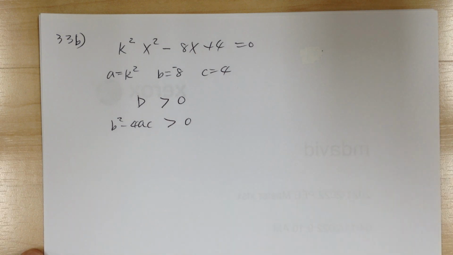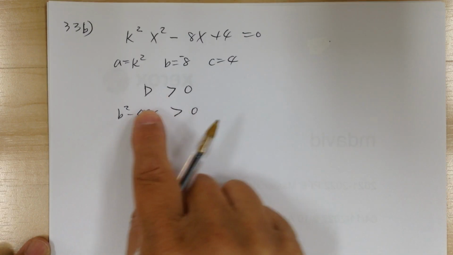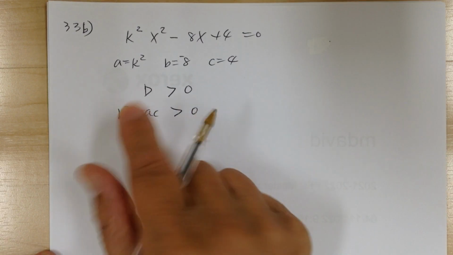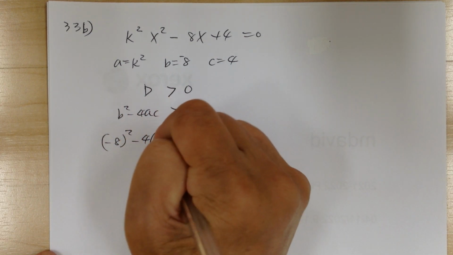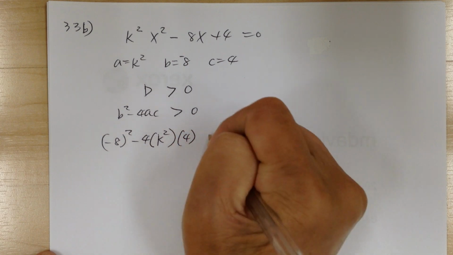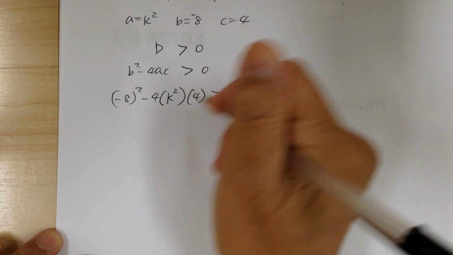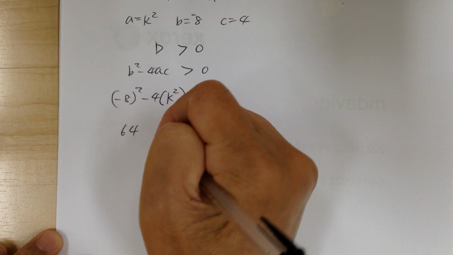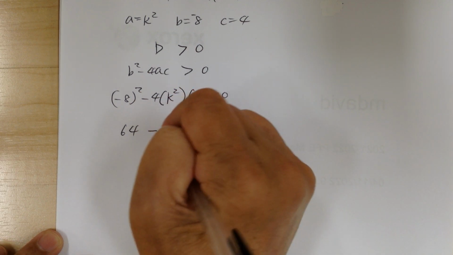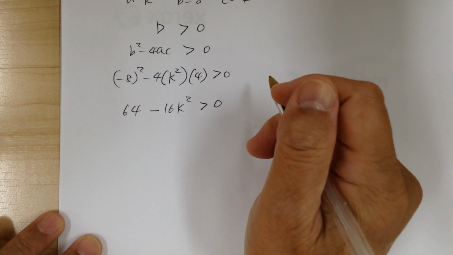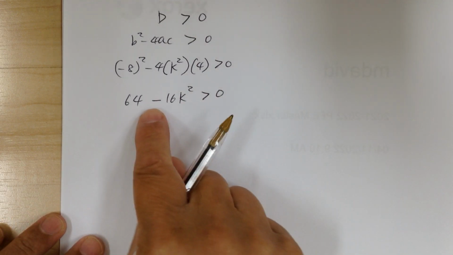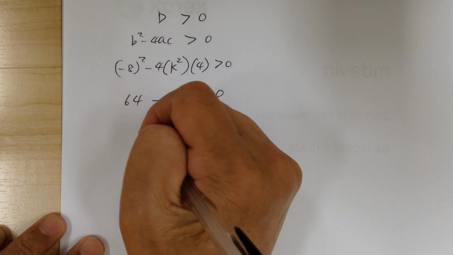So with inequality, you want to start with the inequality and then you just substitute. So now you got negative 8 squared minus 4ac is greater than 0. Then after that, work it out. So 64 minus 16k squared is greater than 0. For this one, I'm going to switch the terms so I can do factoring.